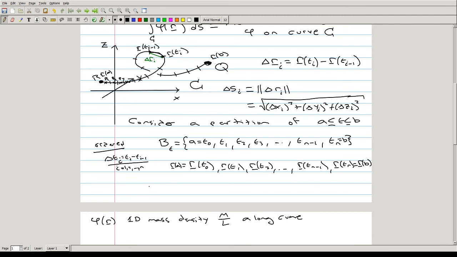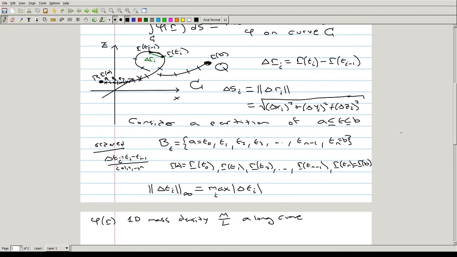We can go through and actually define what's called the infinity norm of the partition, which is the maximum over all i of the absolute value of delta t_i.